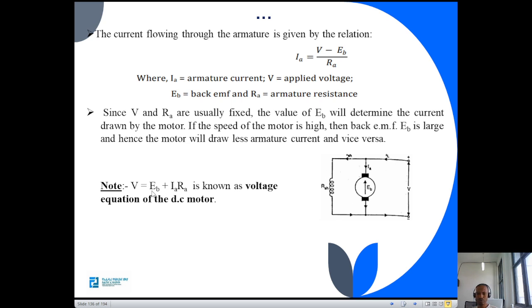If you solve for IA, the armature current, from this, it is V minus EB divided by RA, this relation, see, V minus EB over RA.